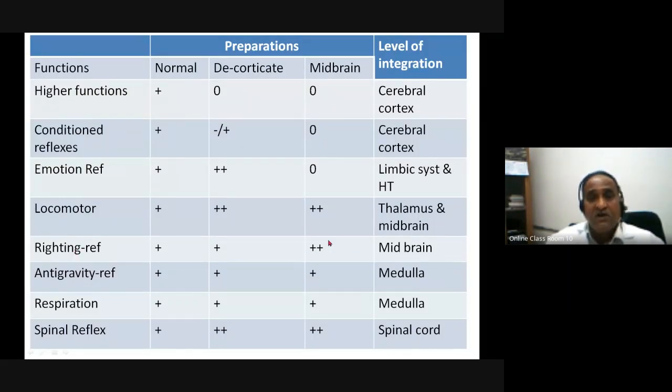Righting reflexes are exaggerated in the midbrain preparation, in the sense more overactive. The anti-gravity reflexes may remain present, or they may be over-responsive. Respiration is normal. For spinal reflexes, you have increased muscle tone and increased deep tendon reflexes in the midbrain preparation.